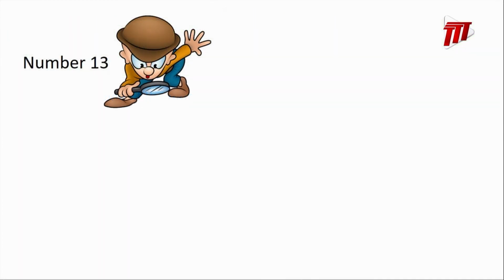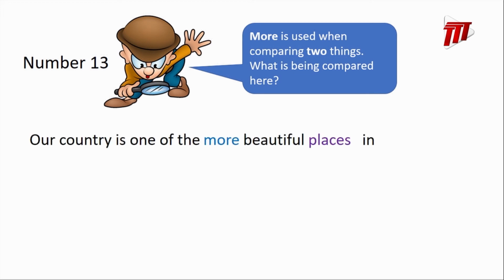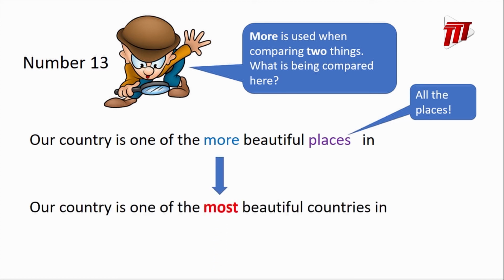More is used when comparing 2. And we're comparing all of the countries in the Caribbean. So what do we use? Most. Our country is one of the most beautiful countries in the Caribbean because we're not comparing 2, we're comparing 1 with more than 2. When we're using 2, then we can use more.